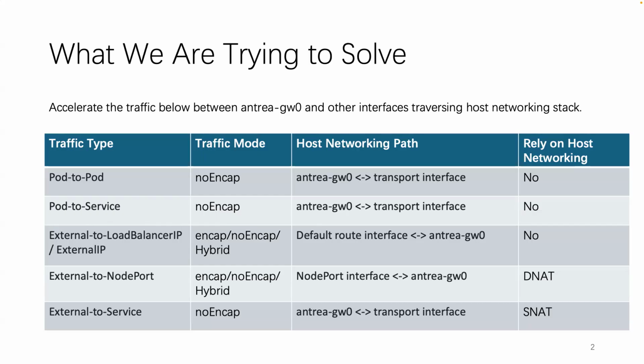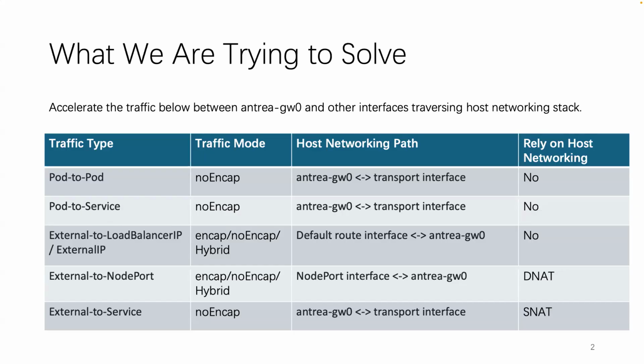Currently, we may have 5 types of traffic we need to speed up. Pod-to-pod or pod-to-service; these two types are only in no-encap. The traffic is between antrea-gw0 and the transport interface.